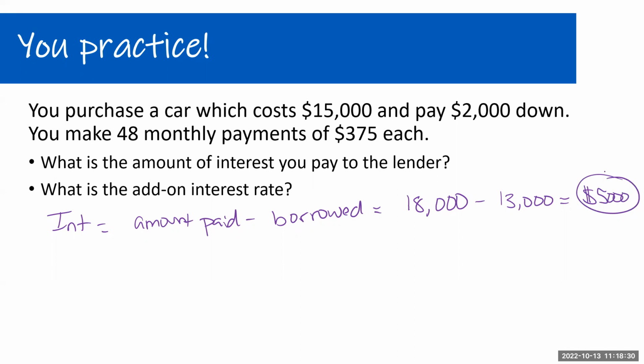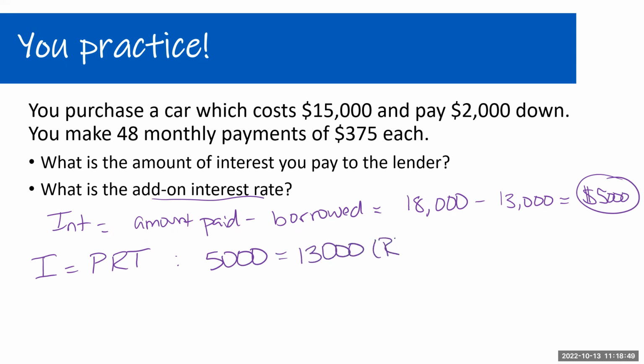Okay. Now, what is our add-on interest rate? Well, for this, remember we have I equals P times R times T. Our interest we just found was $5,000. We also know that our principal, or how much we borrowed, is $13,000. We're looking for R, and we know that we're making 48 monthly payments, so we have 4 years. Okay.